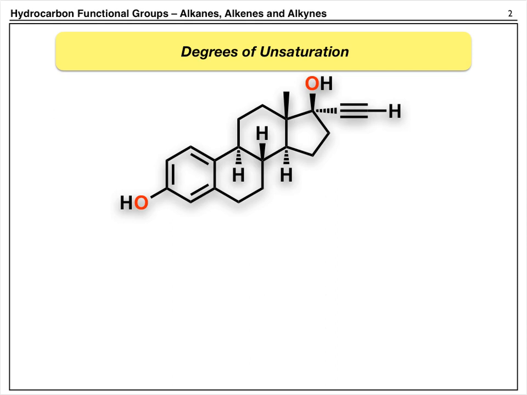So in this slide, what I want to talk about now is the degrees of unsaturation and why that's important to us in learning organic chemistry. So we said that a pi bond is an unsaturation. Another type of unsaturation is a ring. So let's just jot that down.